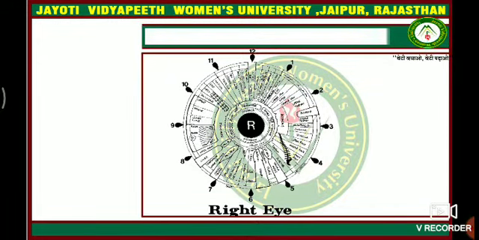So here you can see the right iris representing various areas in our body, and if we find any changes in a particular area, we can say that area is having some kind of problem.